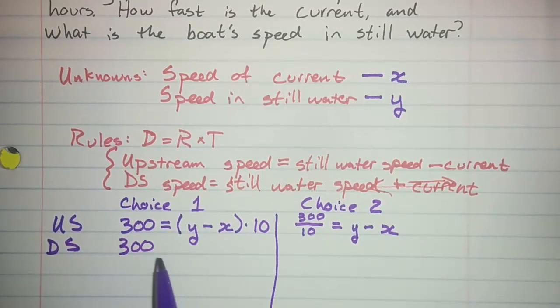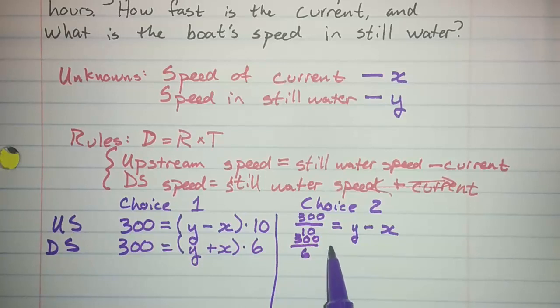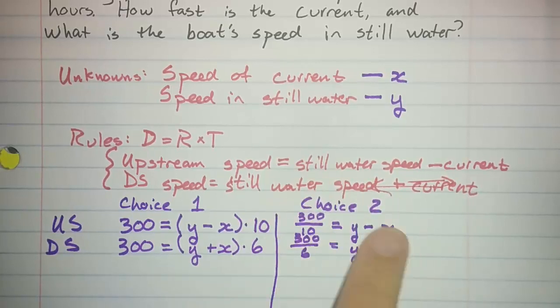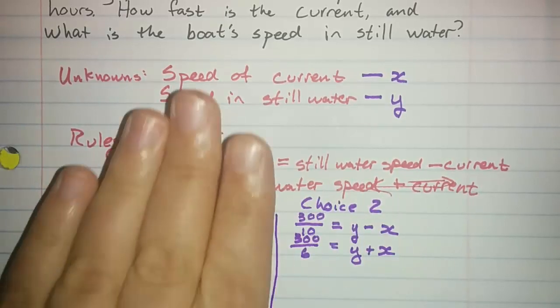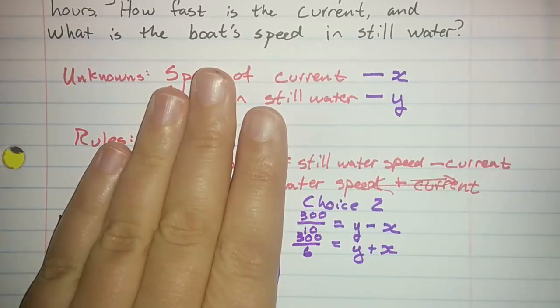We could either say distance equals speed times time, or just speed equals speed. And again, I'm going to choose to work with choice 2 when I solve this system because I think it's an easier system to solve.